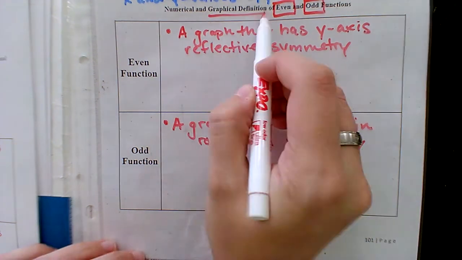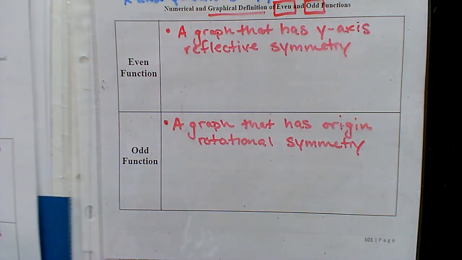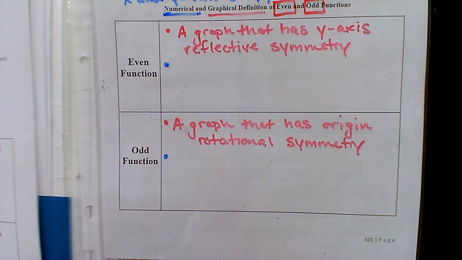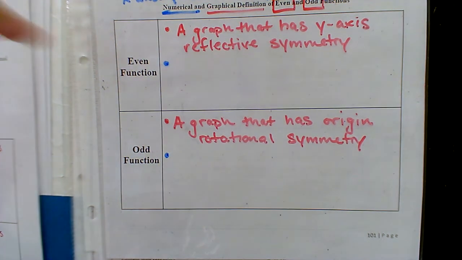So that's kind of a graphical definition. Notice how we said in terms of a graph, that's how we can determine the type of even or oddness of the function. Let's go ahead and check out numerical. So numerical are in terms of numbers, like using those ordered pairs to help us out. We said at the top, okay, the y-axis symmetry, aka even functions, you keep the same y value, but you switch and make the x value opposite.